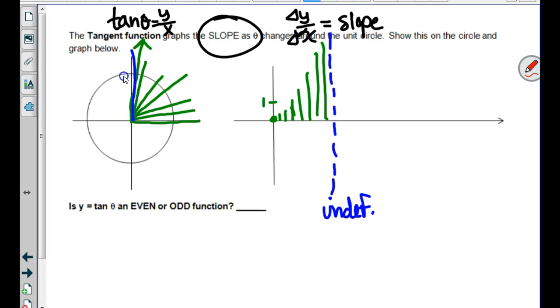What happens when we get over here to the slope? What's the slope of that line? It's negative. It's very steep, but it's negative. So it's very far down here, but it's negative. And then the slope gets flatter and flatter until it gets back to 0.